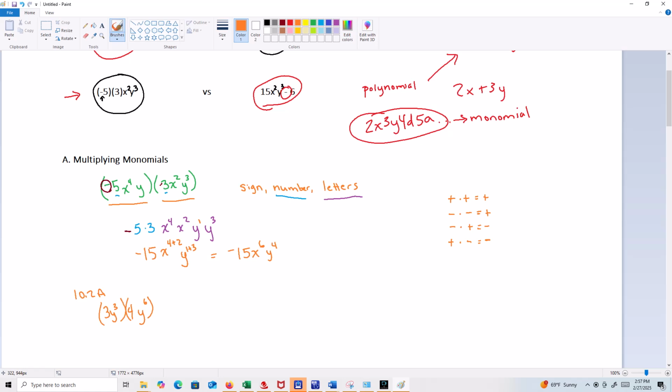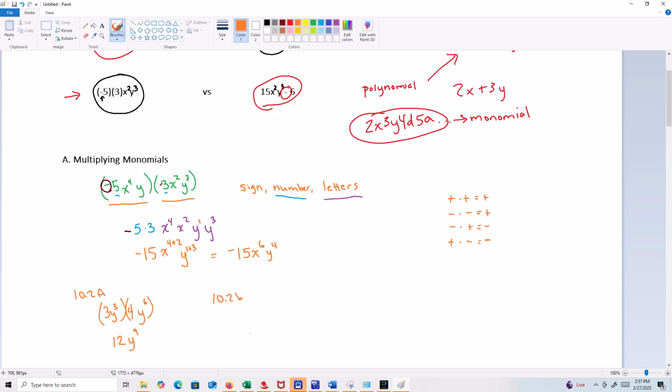We are multiplying monomials. So that means we can just multiply our numbers, 3 times 4, and get 12. And then we can do y cubed times y to the 6th equals y to the 3 plus 6 power. So that would be y to the 9th. And that's the answer for 10a.